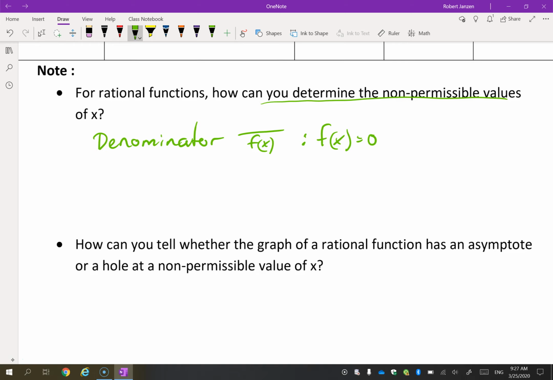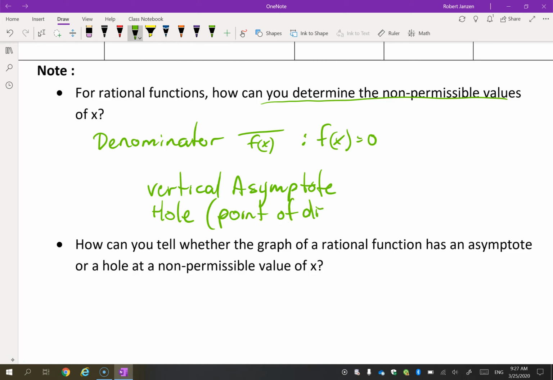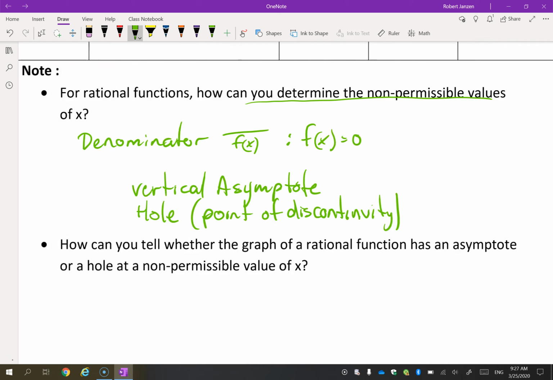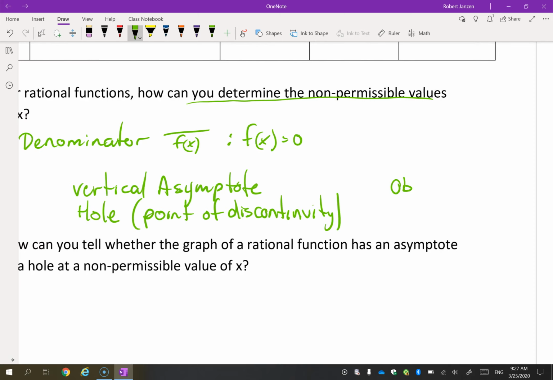There's either going to be a vertical asymptote, there could be what we call a hole, or sometimes it's referred to as a point of discontinuity. And then a third thing could happen. There could be an oblique asymptote. But that's kind of a special case, and we'll get into that later.